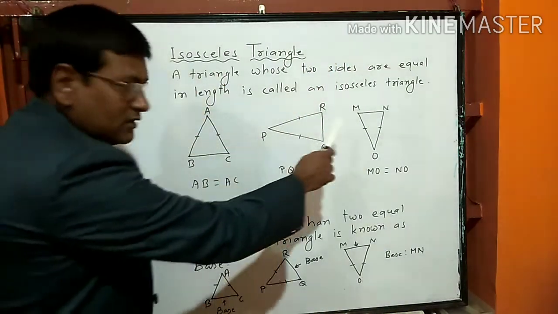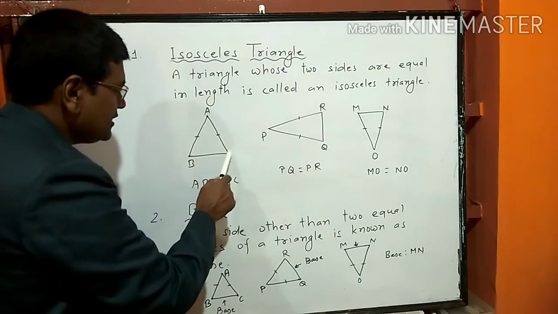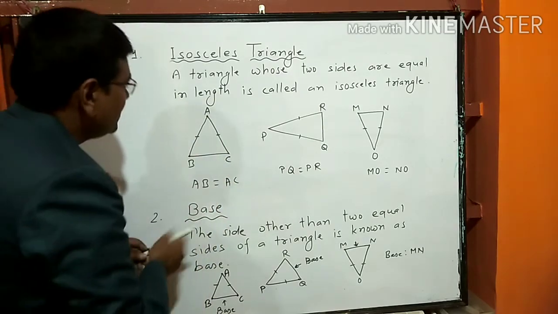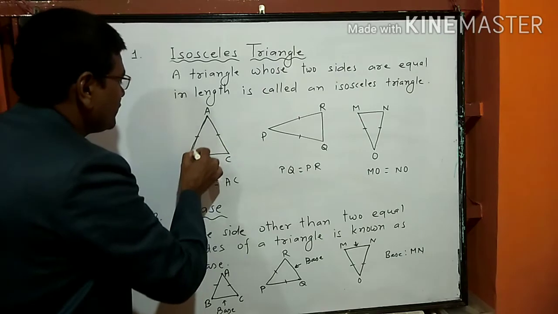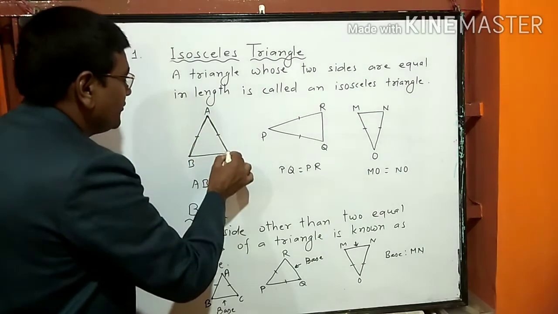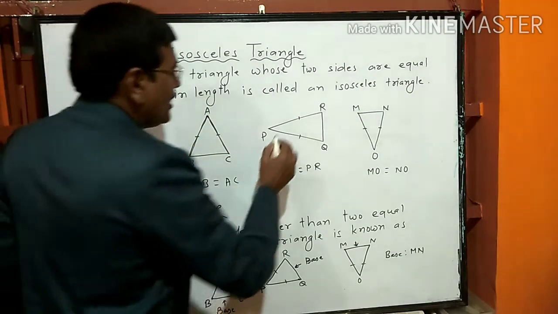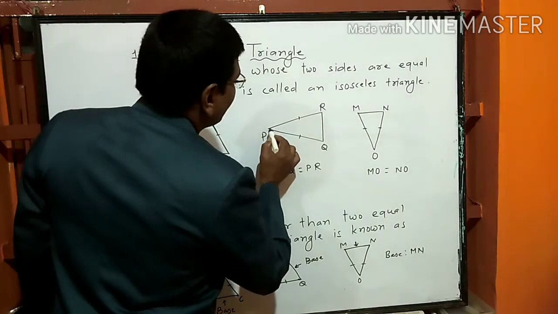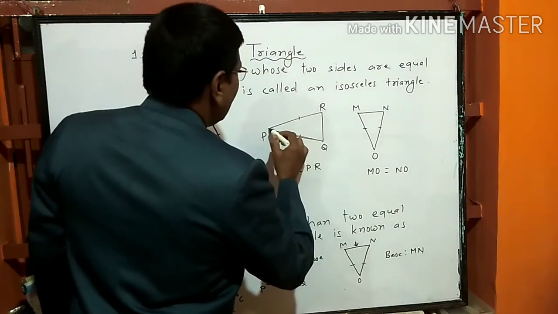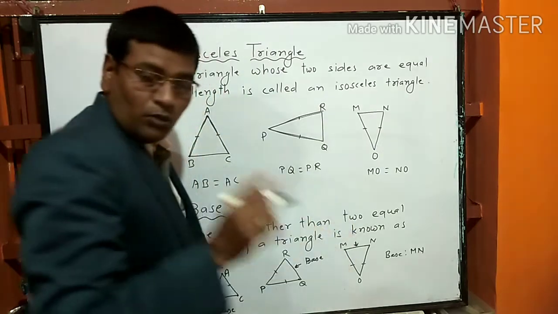There are three triangles. First one is ABC. In this, the side AB and the side AC both are equal, and in this triangle PQR, side PQ and side PR both are equal.